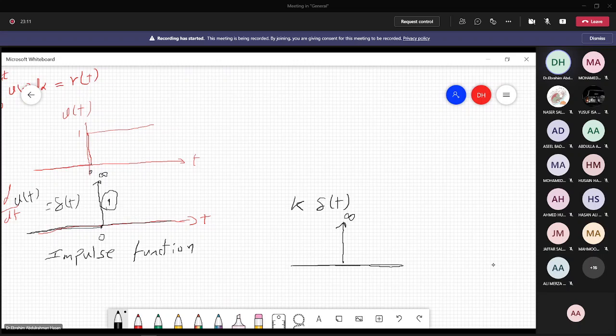But this k is multiplied by 1, so then it becomes k here. And if we shift it, then we shift this one to some value here, which is t naught. So shift this one to t naught and multiply strength with k.